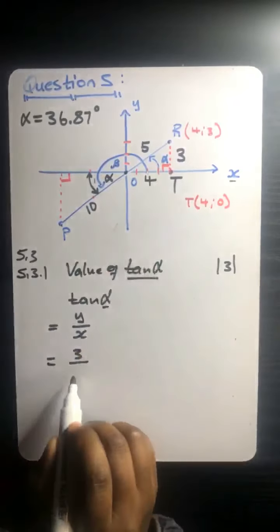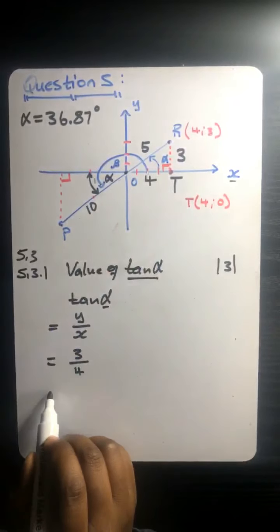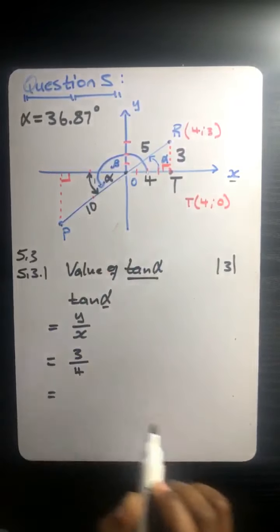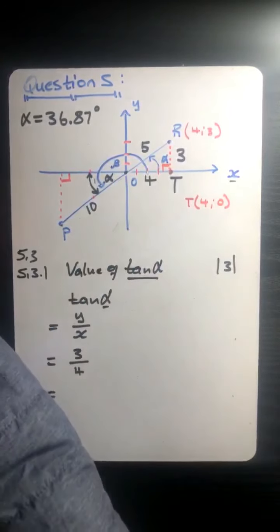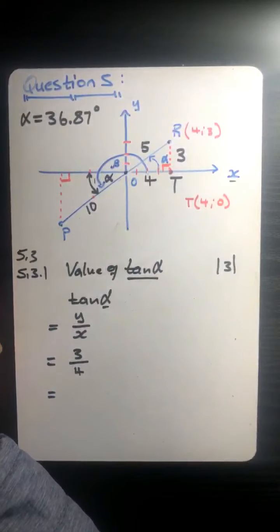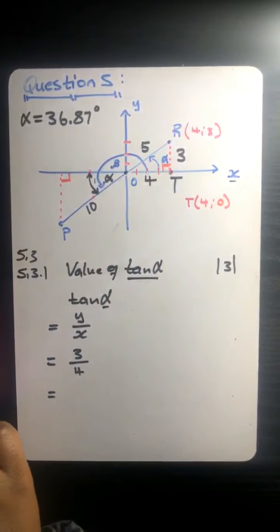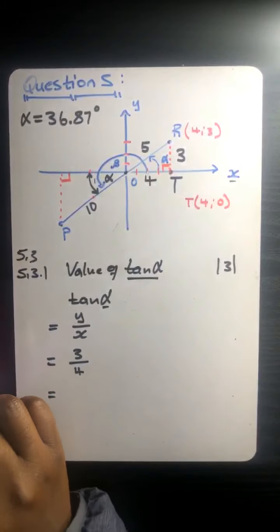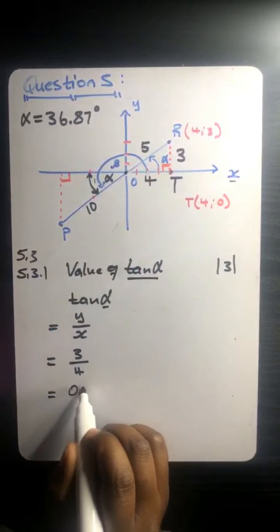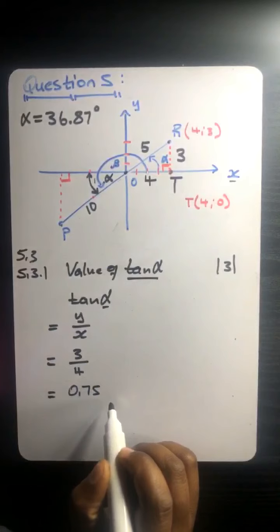Your x is 4. Then when you punch all of this on a calculator, what are you getting? Let me see. I think it's just 3 over 4. It ends as 3 over 4. Yes. As a decimal, it's 0.75.